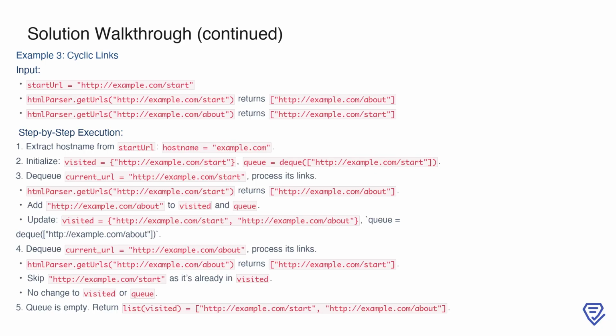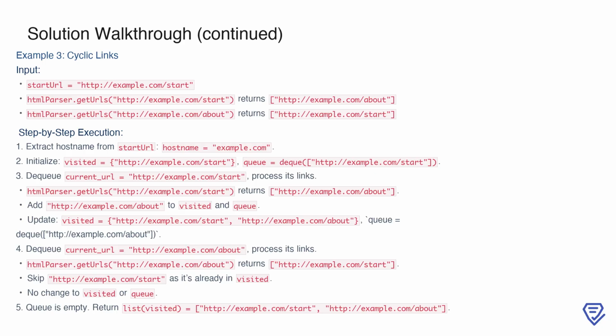http://example.com/start and retrieve its links. Since http://example.com/about matches the hostname and hasn't been visited yet, we add it to visited and the queue. Now, the visited set contains http://example.com/start and http://example.com/about, and the queue contains http://example.com/about.